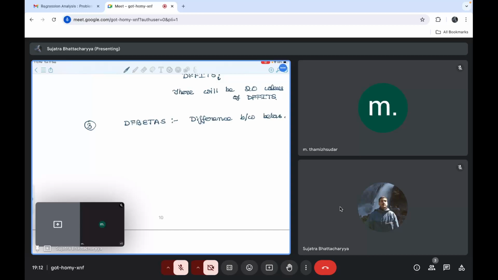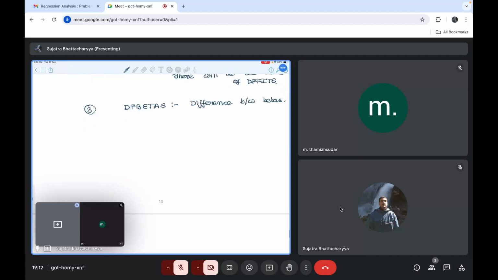So the definition of this, let me just quickly write, is how much the regression coefficient beta j hat changes if the ith observation is deleted. Same way, everything is the same, but with different parameters they are doing.